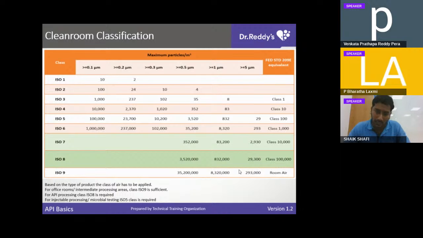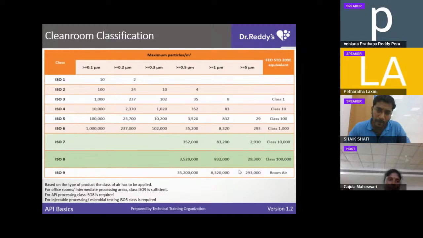The main criterion is particles per cubic foot.